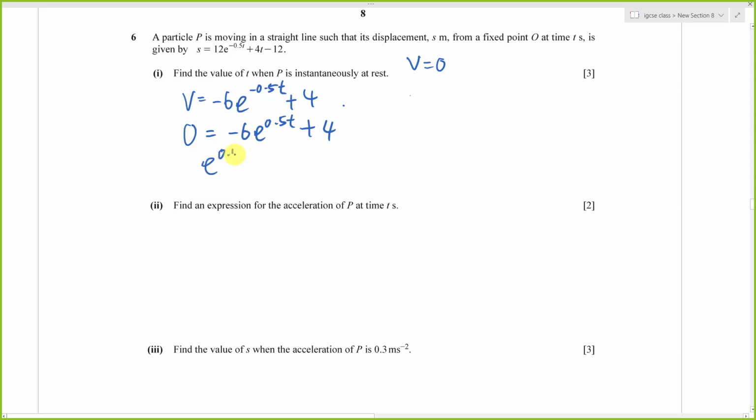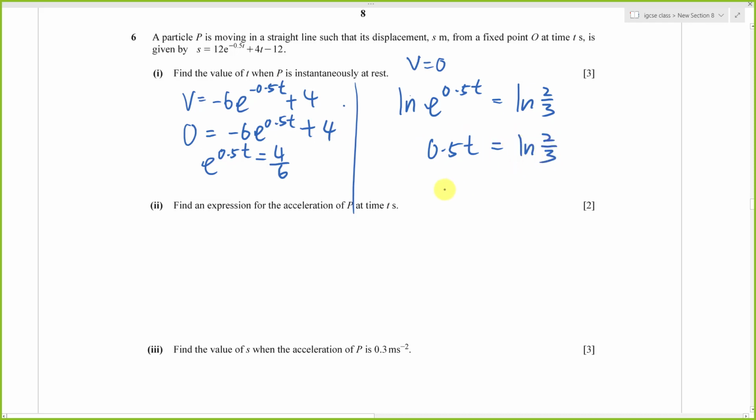Solving this, e^(-0.5t) equals 4 over 6. Then I will add the ln for both sides. ln e^(-0.5t) equals ln 2/3. Then -0.5t equals ln 2/3. Then t will be divided by -0.5. So use the calculator: ln 2/3 divided by -0.5.